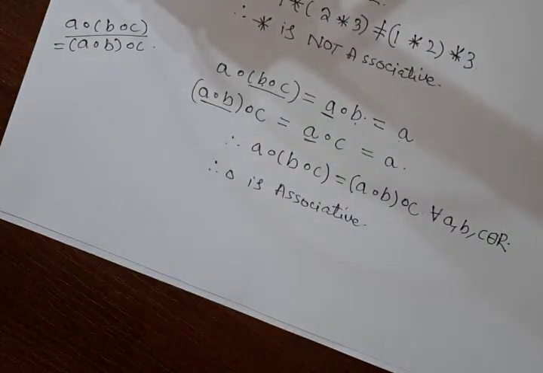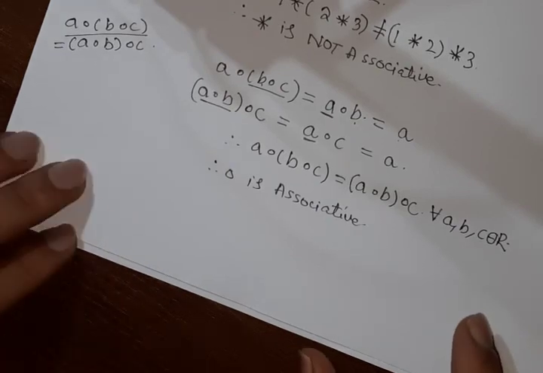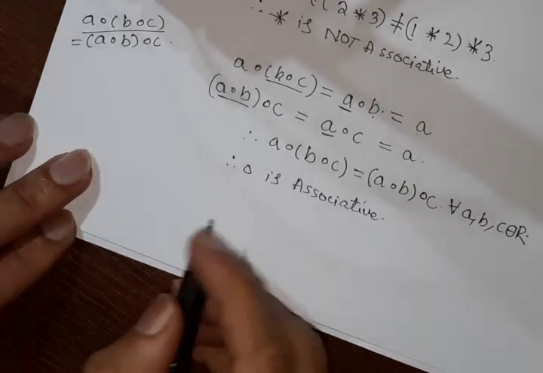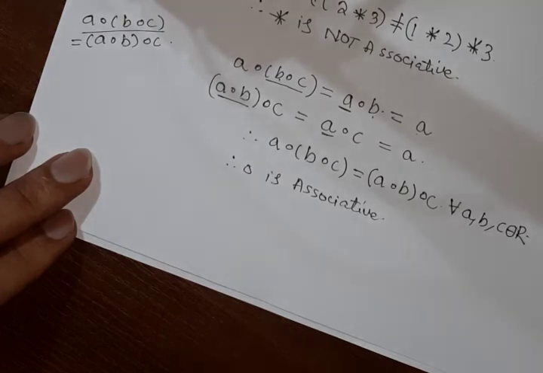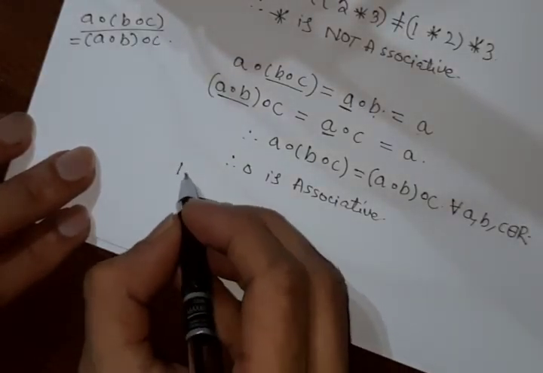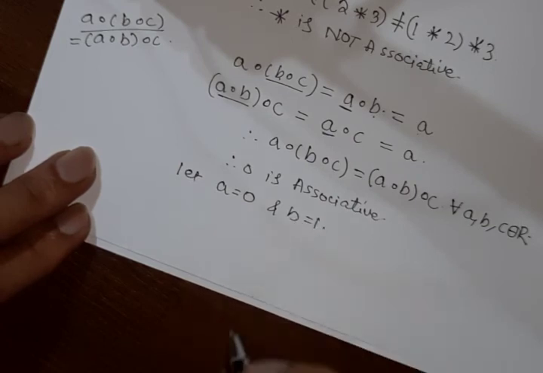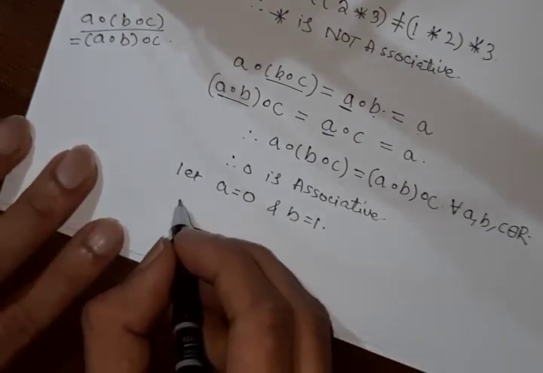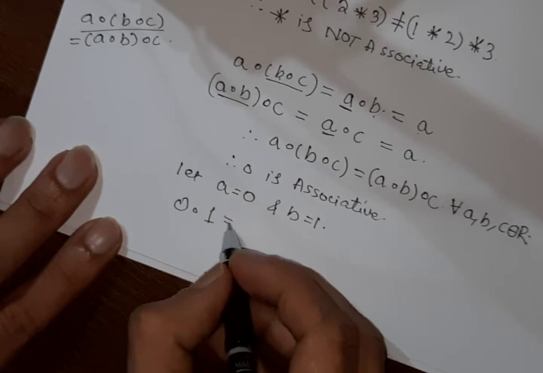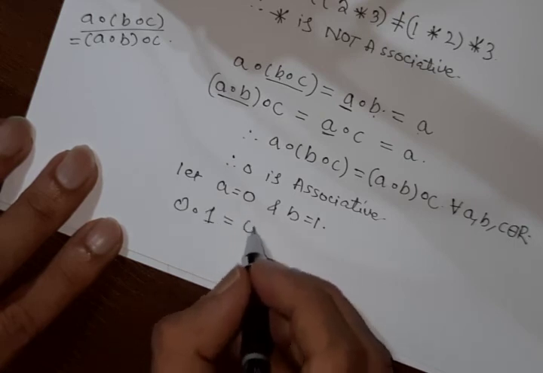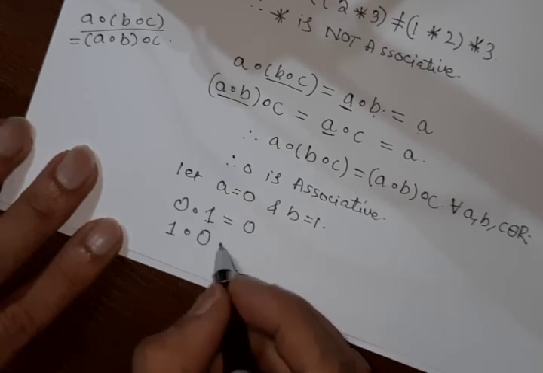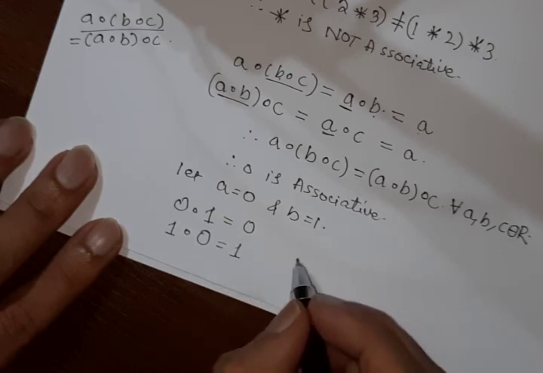Now we have to prove that O is not commutative. Since we have to prove not, we have to take examples. Let A be equal to 0 and B be equal to 1. So if you look at 0 O 1, that is 0. And if you look at 1 O 0, that will be 1.